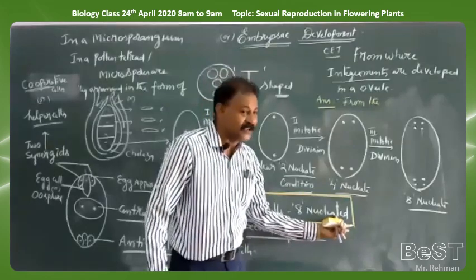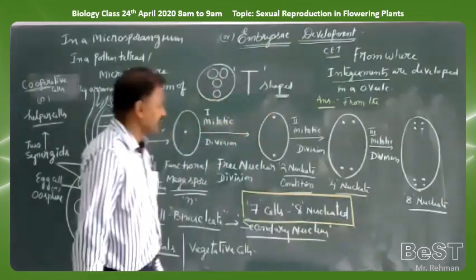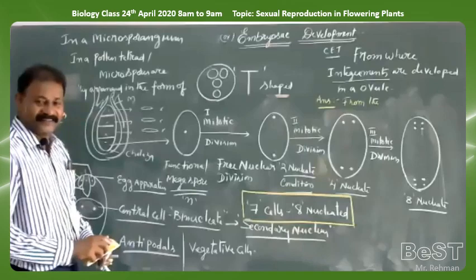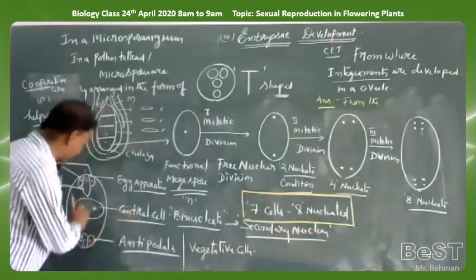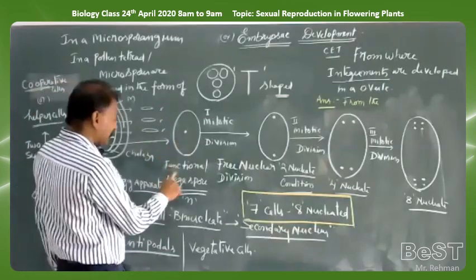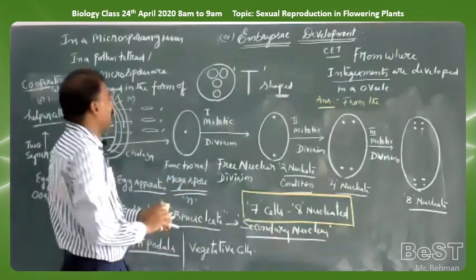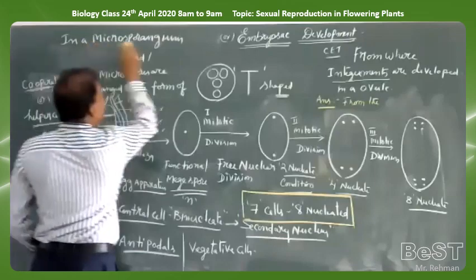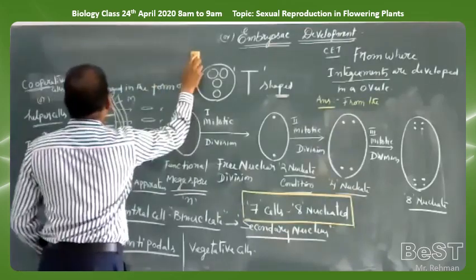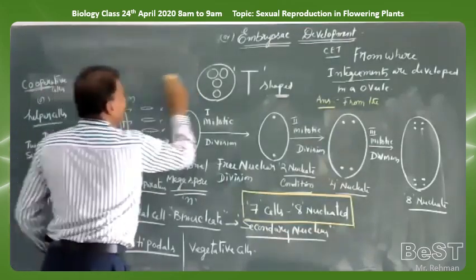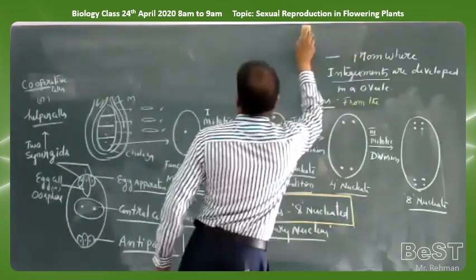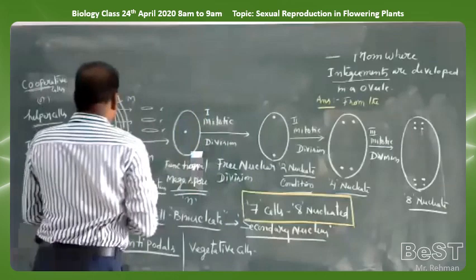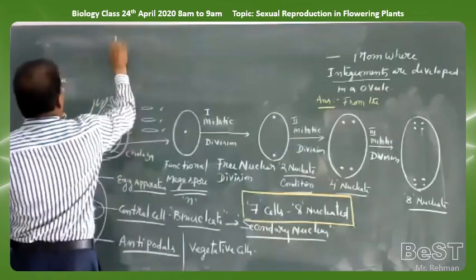This 7-celled 8 nucleated structure is developed from a single functional megaspore. So in angiosperms, the female gametophyte or embryo sac is called a monosporic embryo sac.